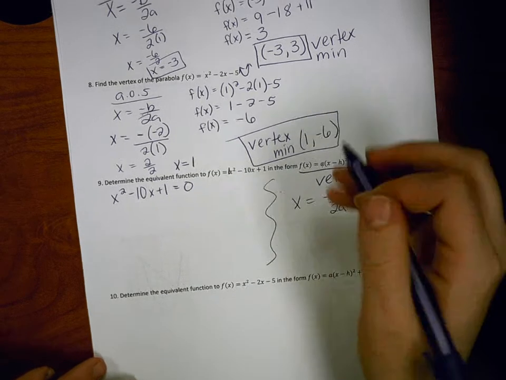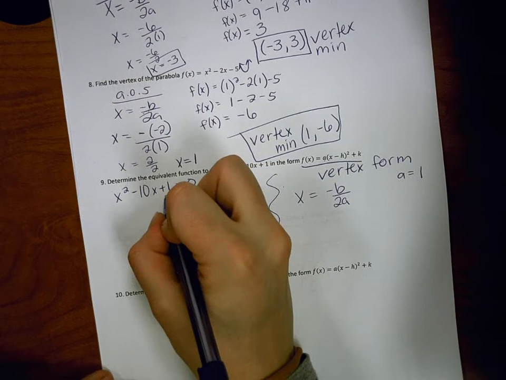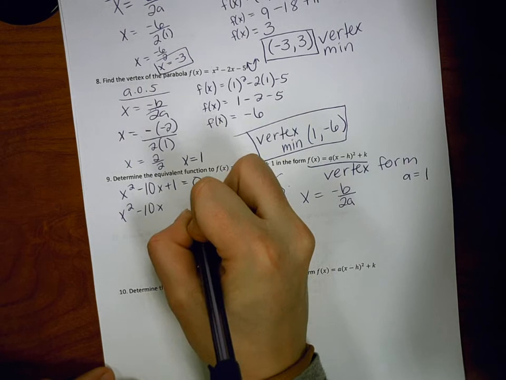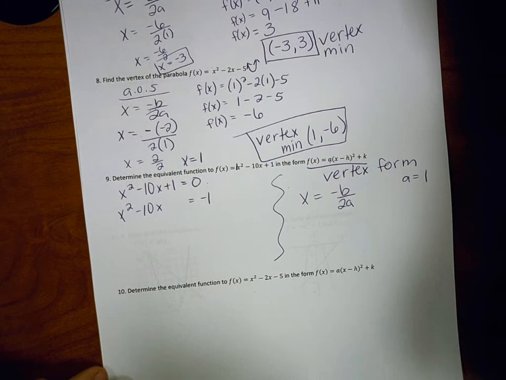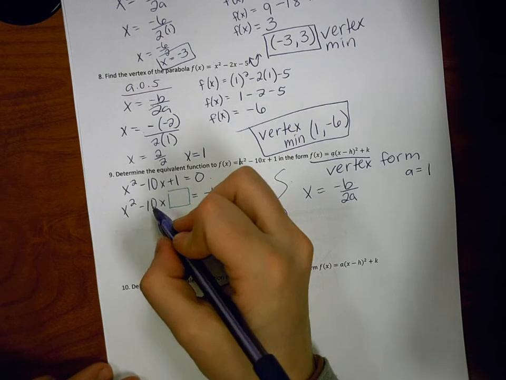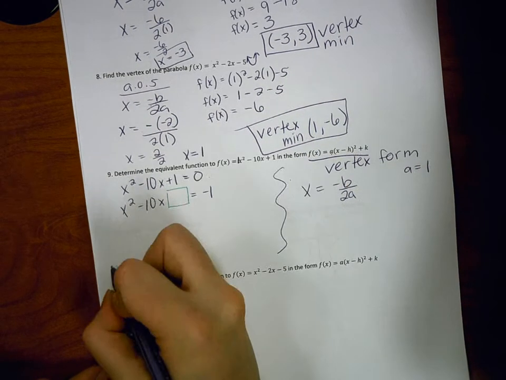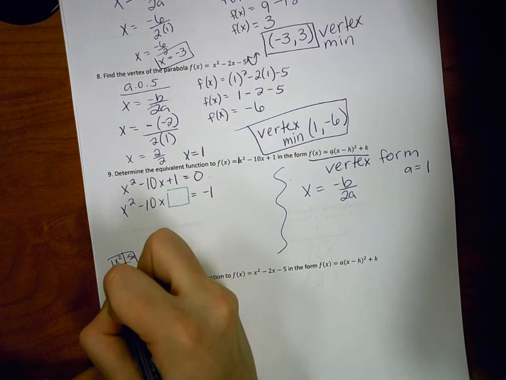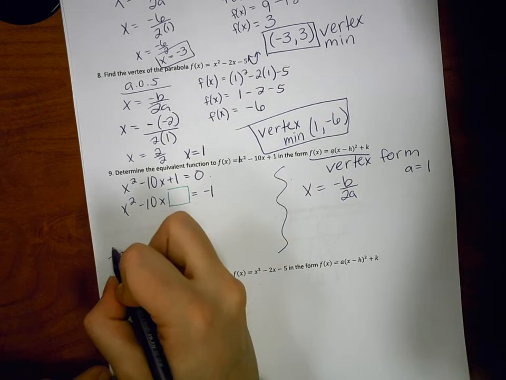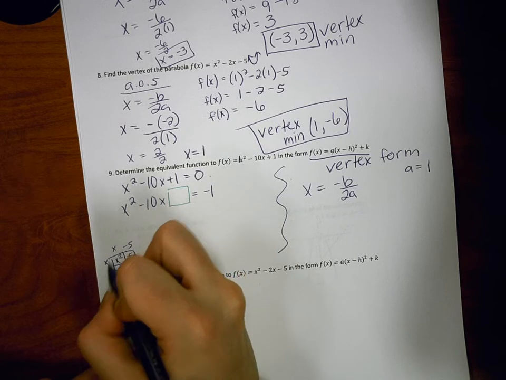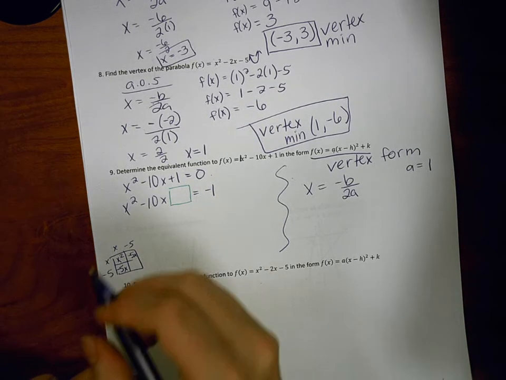If I solve by completing the square, remember how I get my c value out of the way, and I have to plug in a number here that makes it a perfect square. So if I cut this in half, I get x squared, negative 5x, and negative 5x. That would be x times negative 5, x times negative 5. Negative 5 times negative 5 is positive 25.